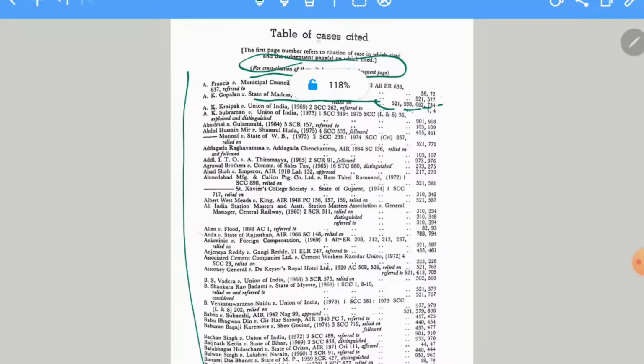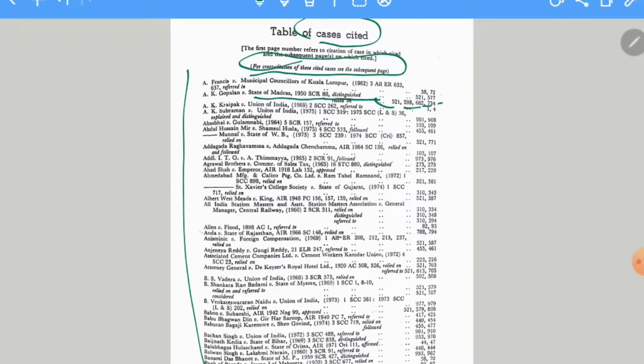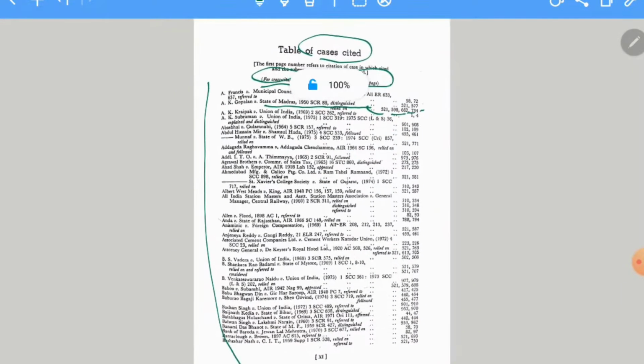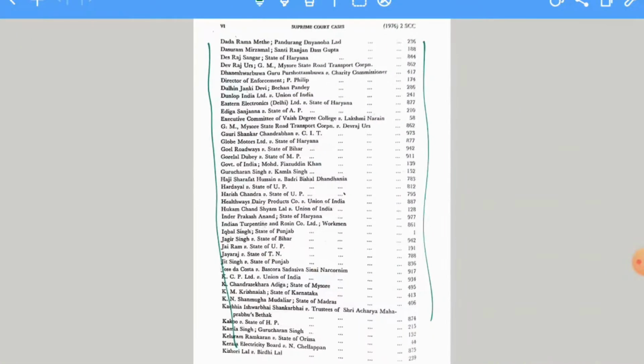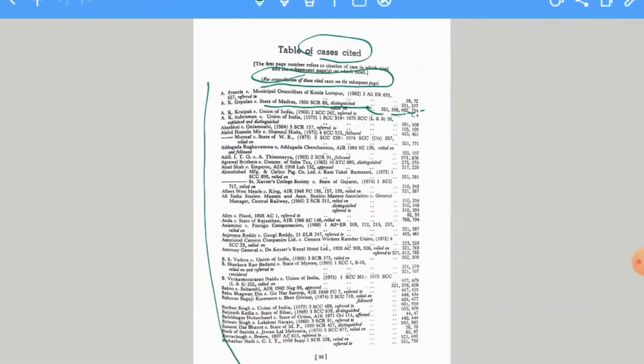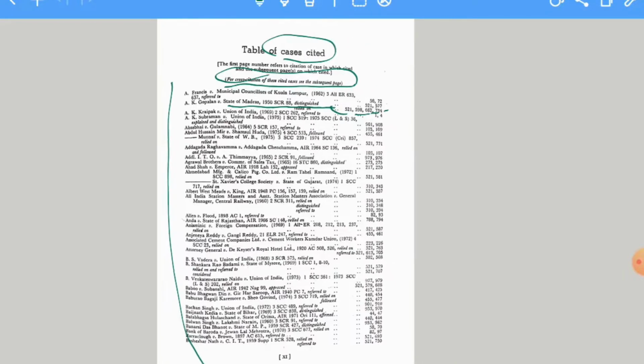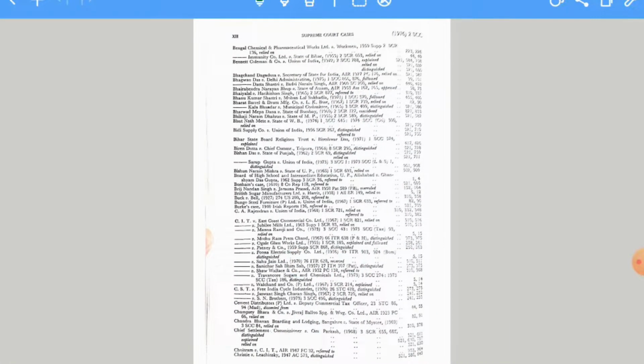So this is the way you can find the table of cases which have been cited in these judgments. That means the judgments which have been reported here in the Supreme Court Cases, in these cases it has been cited. So this is the way you can find the name of a judgment which has been cited by the Supreme Court in these judgments, and on which pages it has been cited.